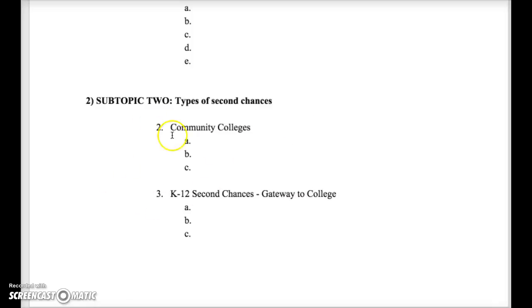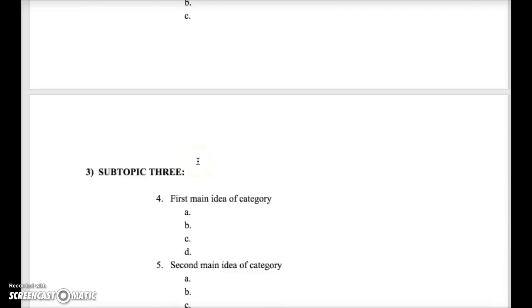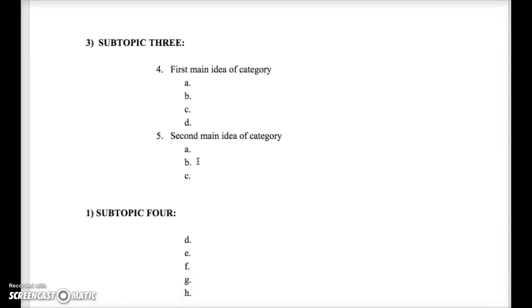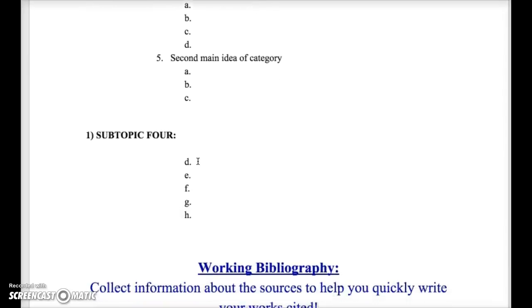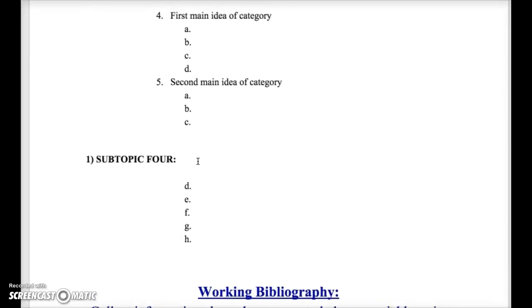So breaking up those subtopics also helps, and then I'll collect evidence specifically about Gateway to college. I'll put it underneath this category, and I'll put community college information. I want to keep all my similar ideas together, okay? So here is this template that will help you organize your subtopics and the related evidence.